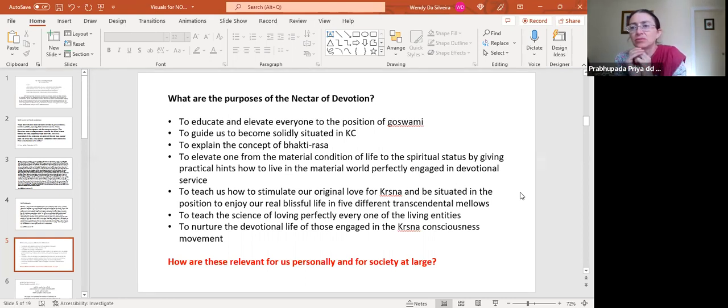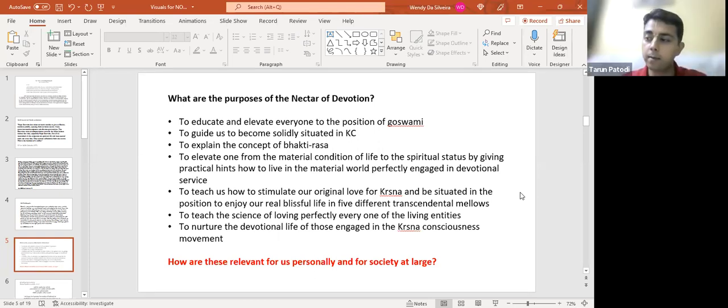Okay, Tarun. Yes, Mataji. Before Bhaktivinoda Thakur, there were so many misconceptions about what is Bhakti. Many sages were taking Bhakti as a matter of emotions, or they were directly jumping to Rasa.